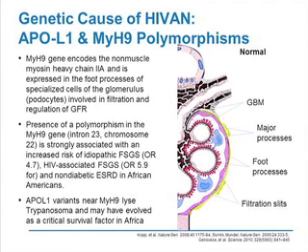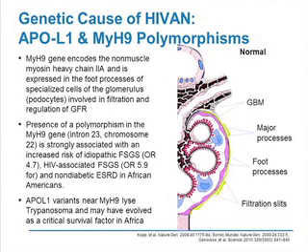These are genome-wide studies performed on patients of African descent with either HIV-associated nephropathy, idiopathic focal segmental glomerulosclerosis, and non-diabetic end-stage renal disease.